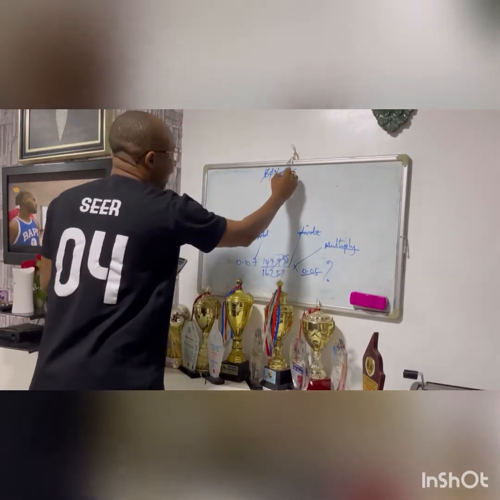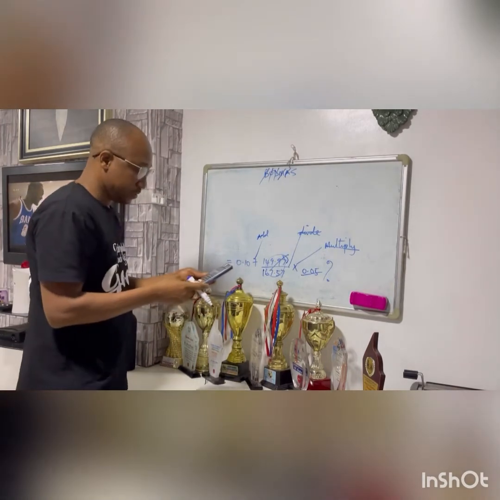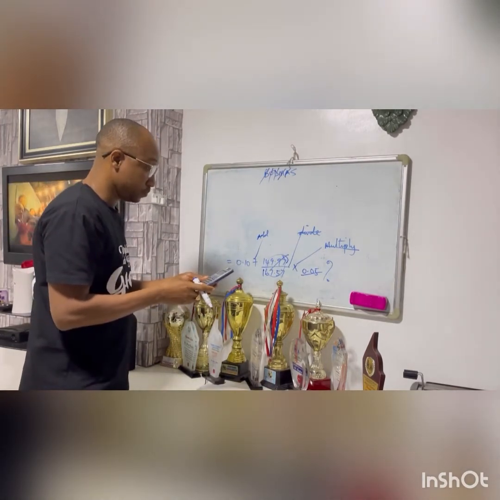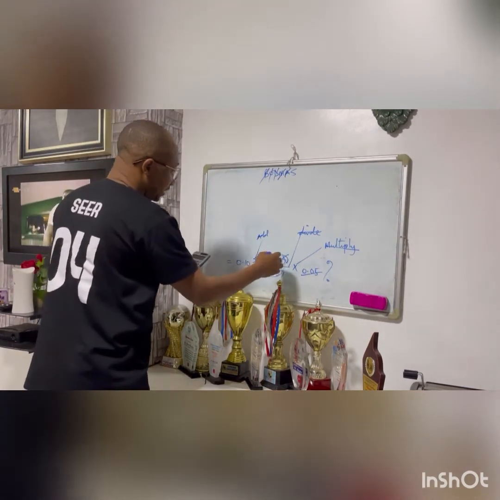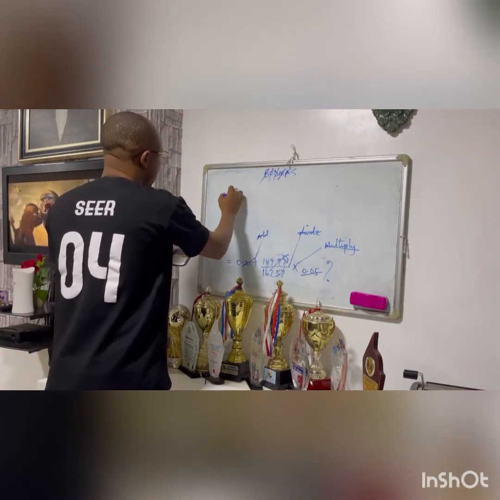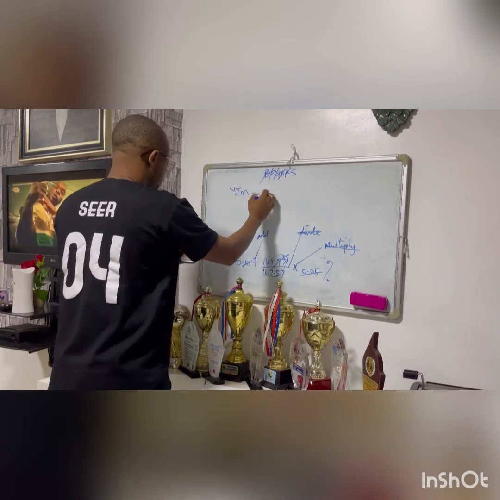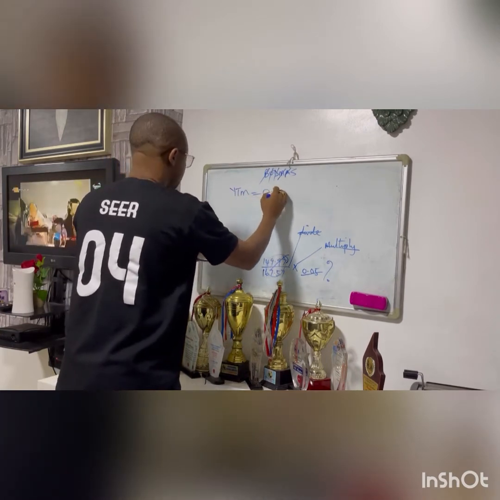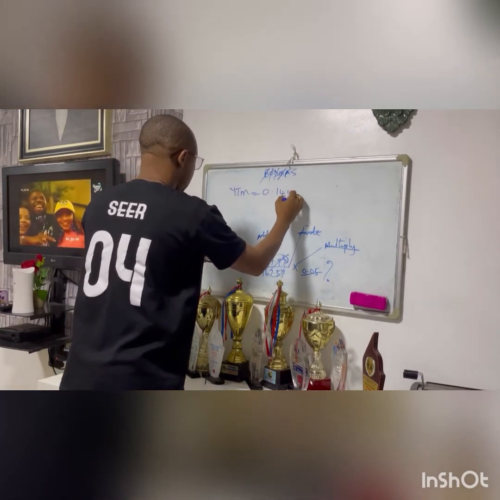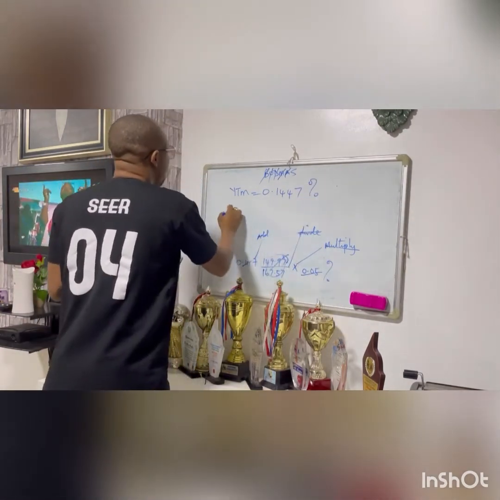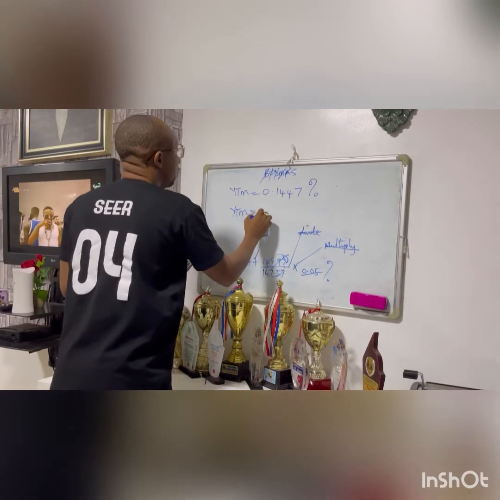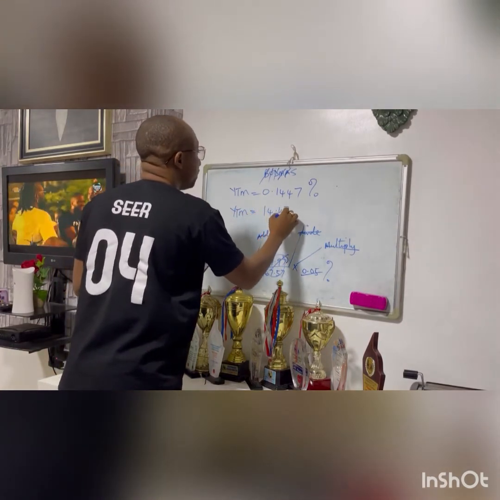Then the next thing is addition, so I add. Now that I've done the three, I've gotten my answer to be 0.1447 in percentage. If I multiply by 100, I will have 14.47.